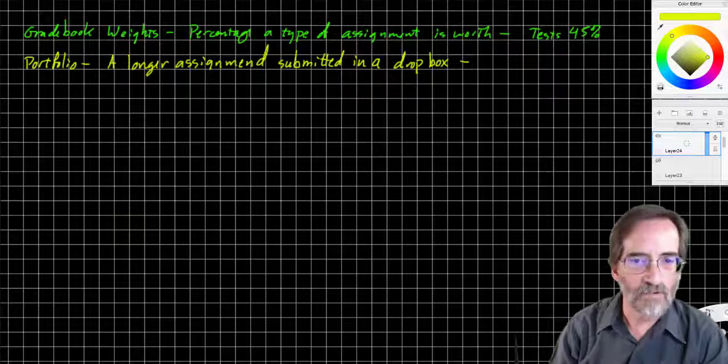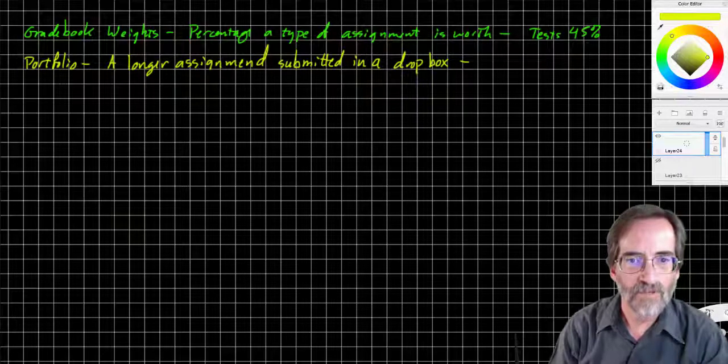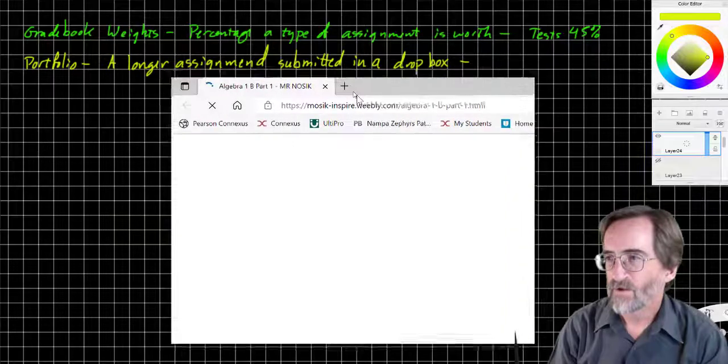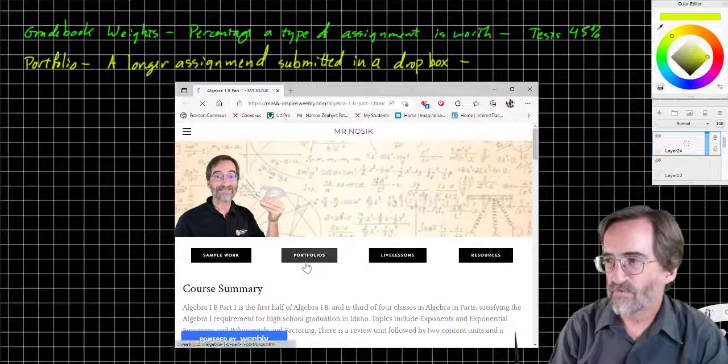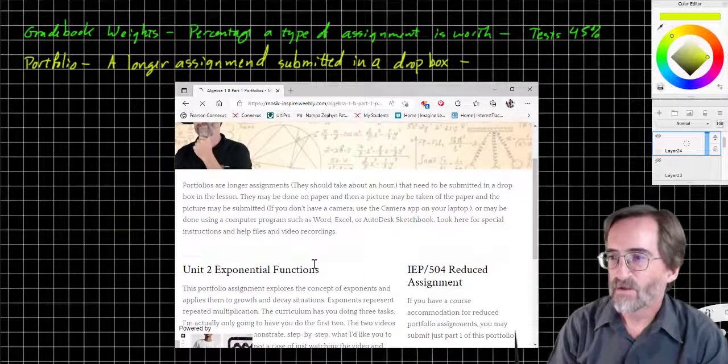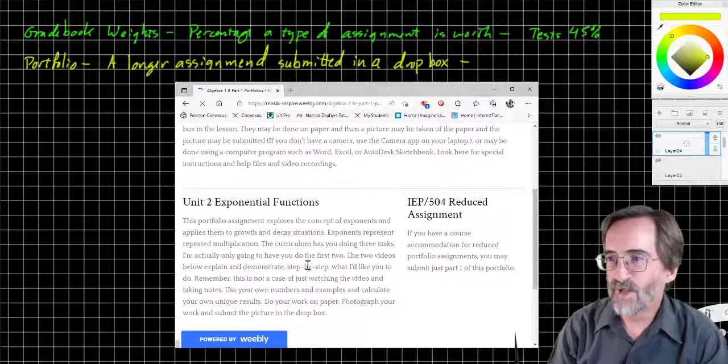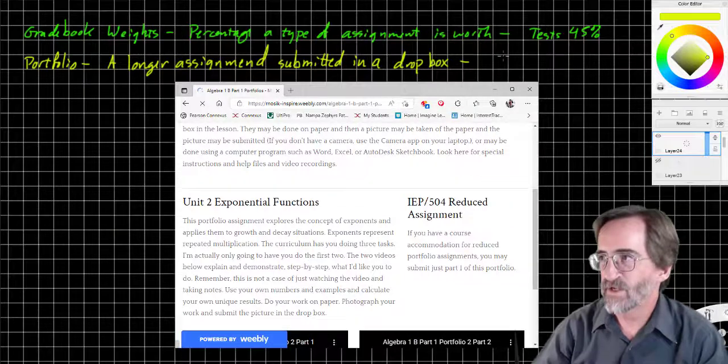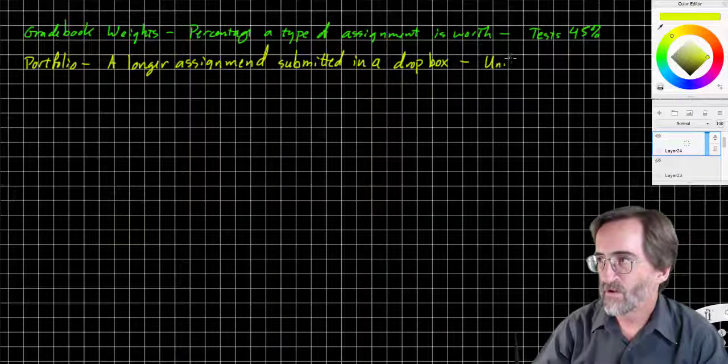Okay, an example, if I go to the Weebly website, go to Algebra 1B Part 1, there is a Portfolios tab. It looks like Unit 2 Exponential Functions portfolio is our example.